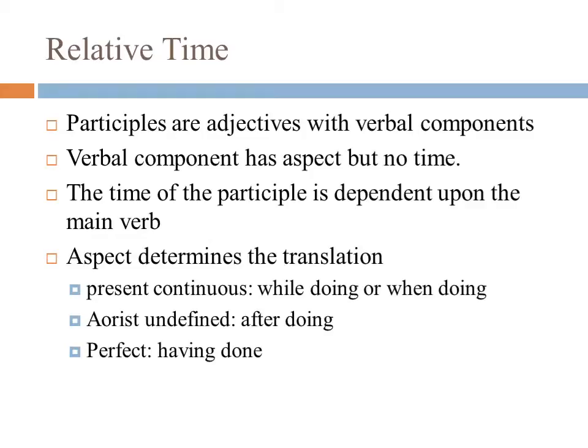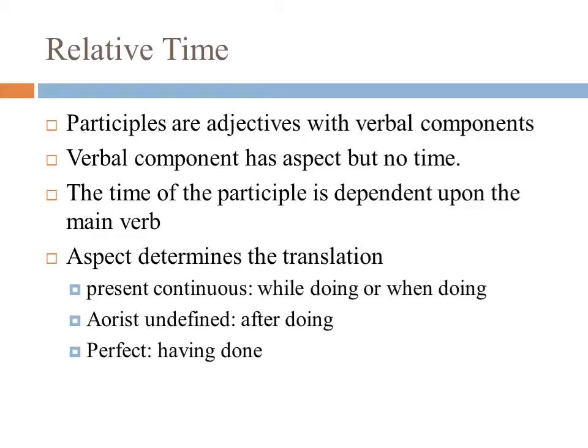So an aspect determines the translation. For a present continuous, if the verb were poieo, doing, it would be while doing or when doing. Okay? It is continuous with the same time that the verb is going on. So if the verb is present, it is continuous with the present, and it is while doing.